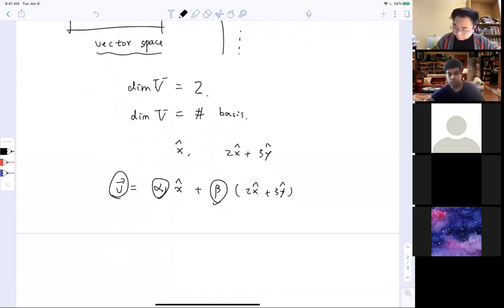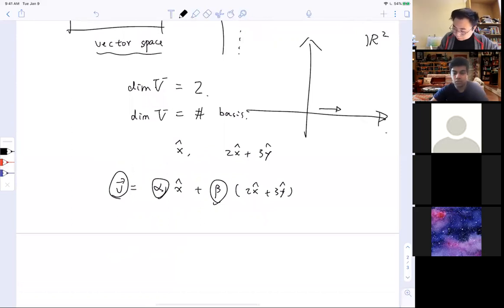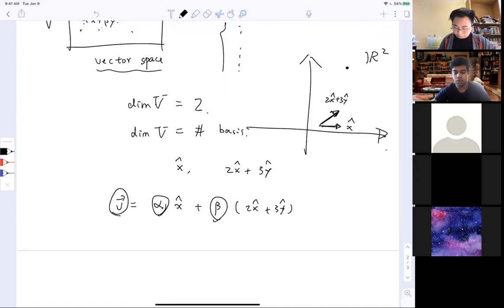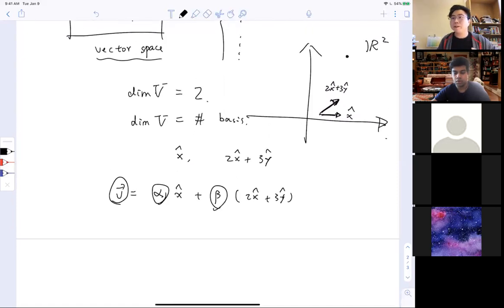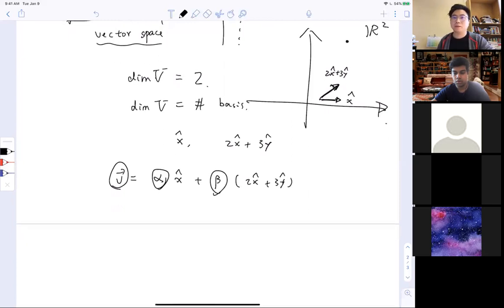For 2-dimensional space, like R^2, we can choose 2 vectors, and any point in that space can be expressed using this kind of coordinate, like x and 2x plus 3y. But we usually use the so-called orthonormal basis.